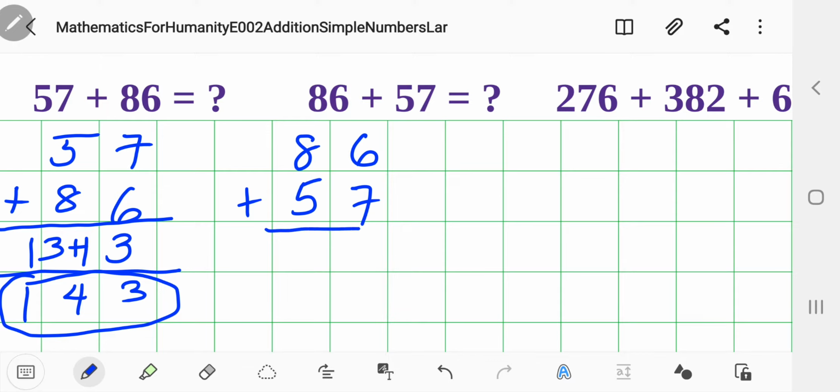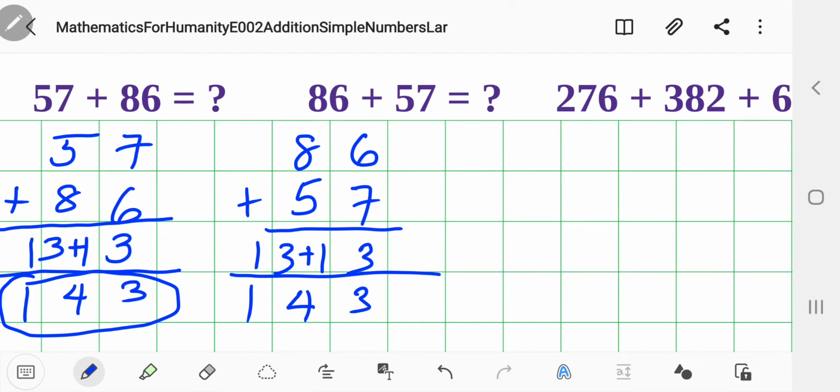What is 6 plus 7? 6 plus 7 is the same as here in reverse order, and you can write 13 again. Then for 8 plus 5 you also have 13, so you write the 1 in this box and the 3 on this box, and then you add the same thing. You will get 3, 4, and 1.